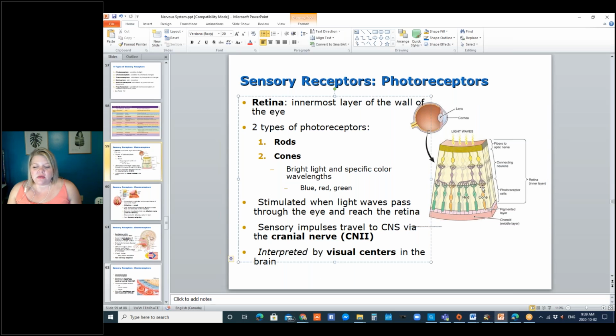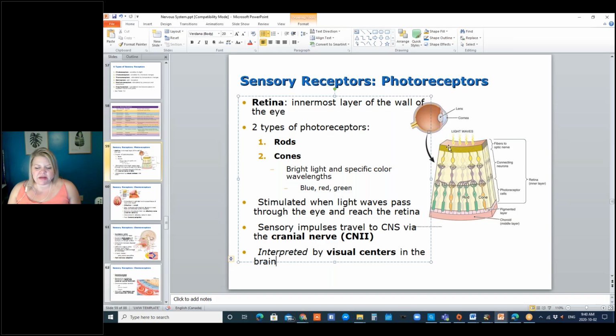So the rods and cones are stimulated by light waves, photons, that pass through the eye, through this direction, through the cornea and lens, and then they hit the back of the eye on the retina. And this stimulates these receptors, which then relays sensory information through the optic nerve, or cranial nerve number 2.